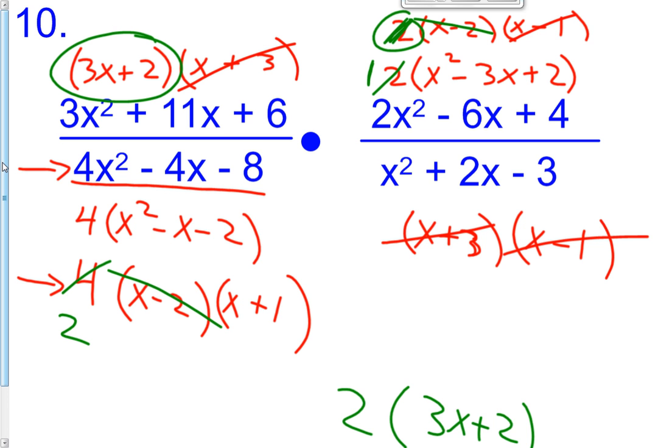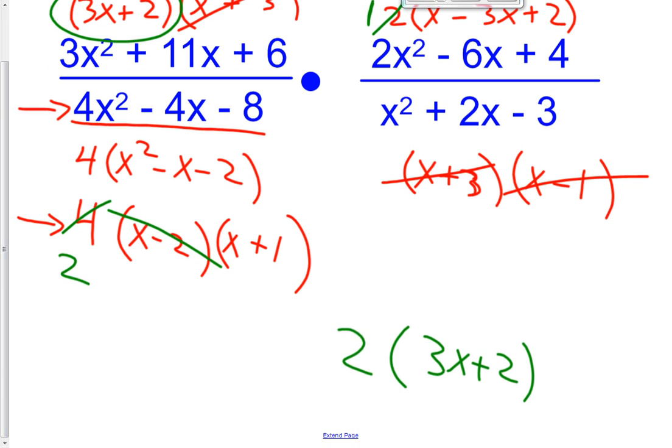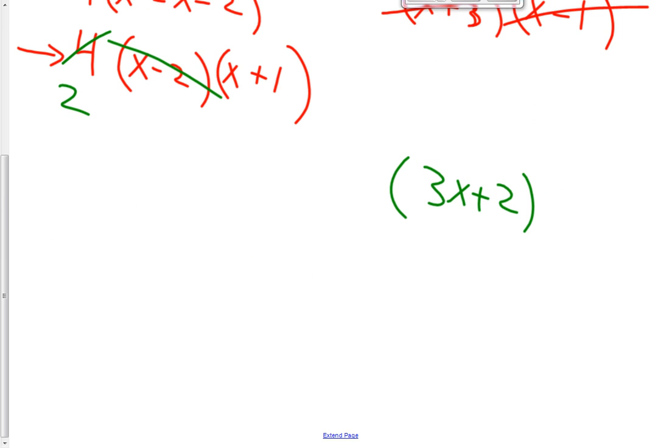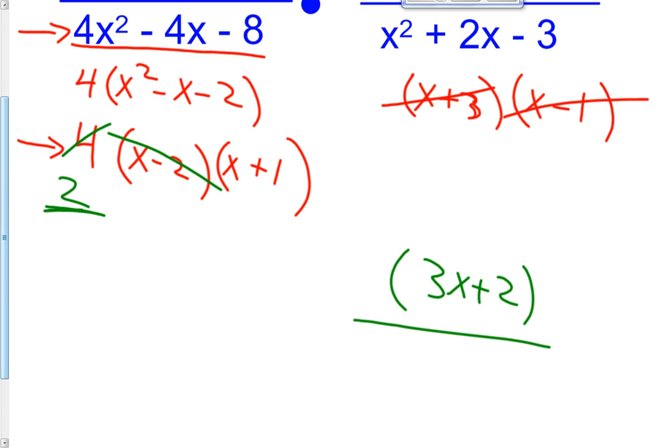I'm sorry, so that should be a 1 right there. So all we have left in the numerator is 3x plus 2. And then in the denominator, you have this 2 and this x plus 1. 2 times the quantity x plus 1. There is your answer for problem number 10. Be sure to let me know if you have any questions on this when you get to class tomorrow.